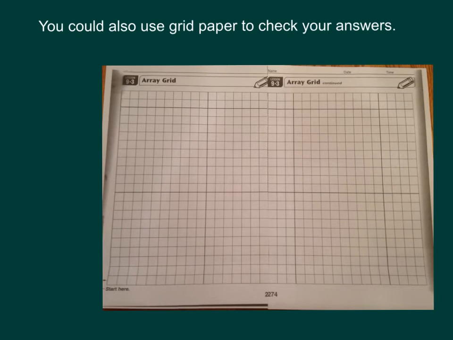You could also use grid paper, boys and girls, to check your answers. These are both pages 273 and 274 glued together. What you could do is go 6 high, 1, 2, 3, 4, 5, 6, and 23 across. And I know that's 10 there, there's 20, 23.